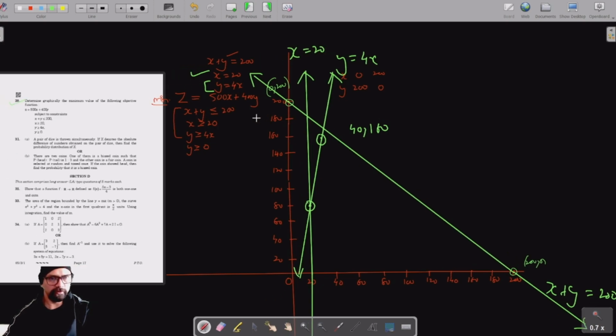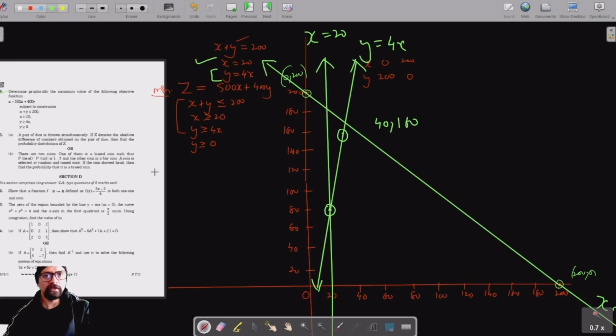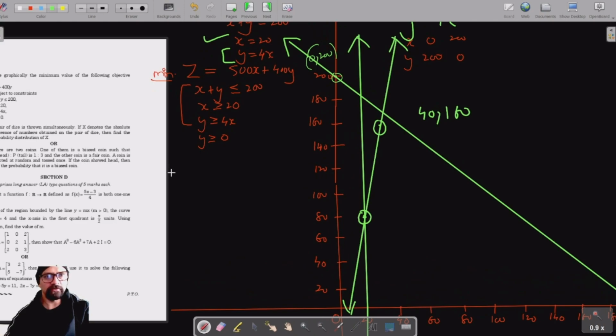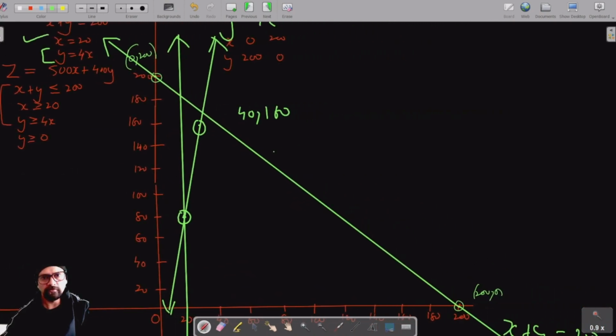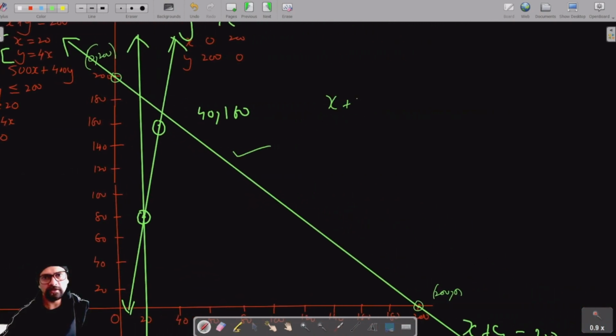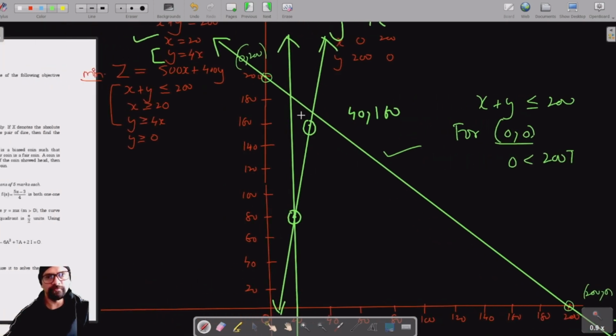Let's try to get the feasible region now. The first inequality is x plus y is less than or equal to 200. If we check it for the coordinate 0, 0, 0 is less than 200, which is true.